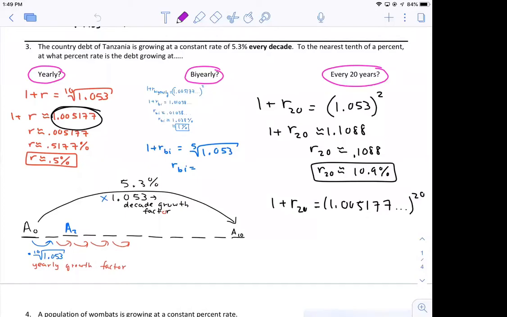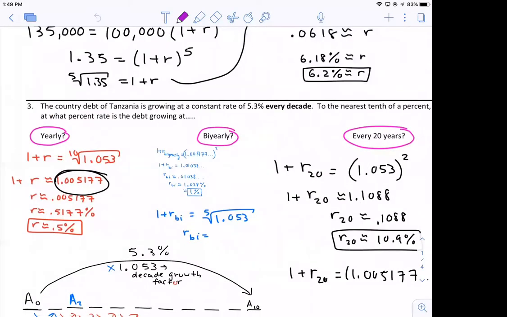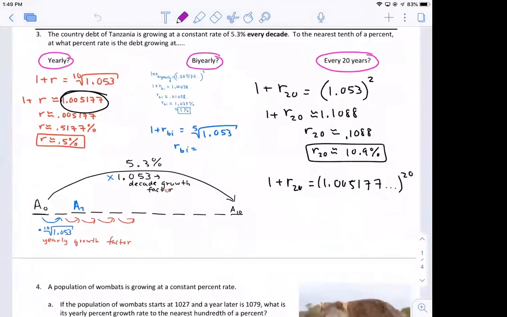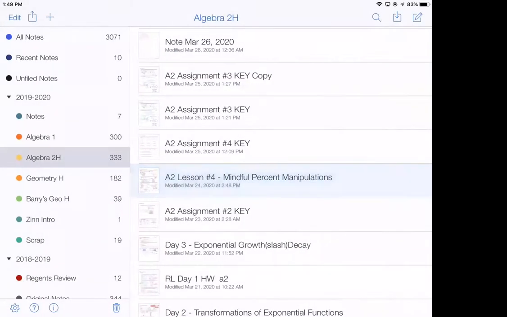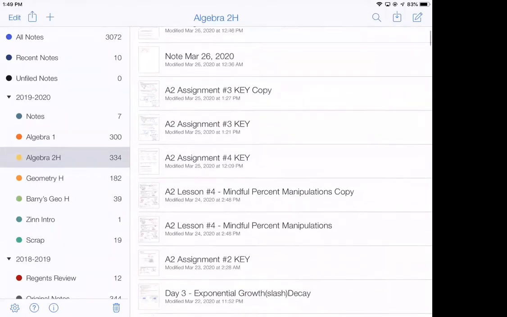How come you squared the result from yearly? Because if I have my yearly rate, so let me draw a picture for this. Actually, let me make a copy of these notes first. Duplicate, and I can edit that new version.